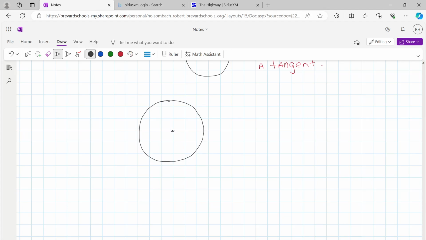Here's circle J. Here's point L on the circle. And then we got point K out here. Determine whether KL is tangent to circle J. All right, bad drawing on my part, but we get the idea, right?